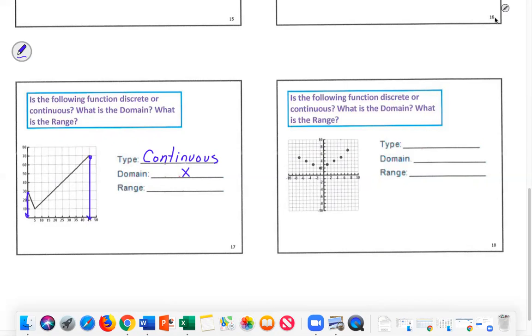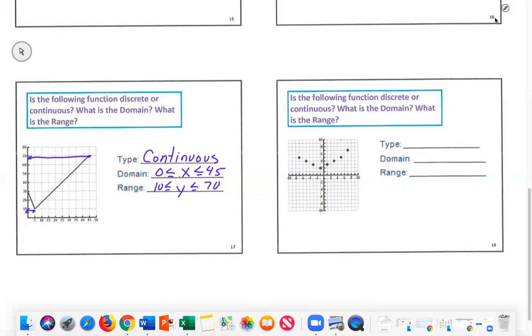So that's going to be between 0 and, what are we counting by? 5, so 45. And then for y, we're going to trace over the smallest and largest points. So this is my smallest y. So that's at what, 10? So we're going to have 10 is less than or equal to y, which is less than or equal to, let's trace that over, and that looks like it's 70.